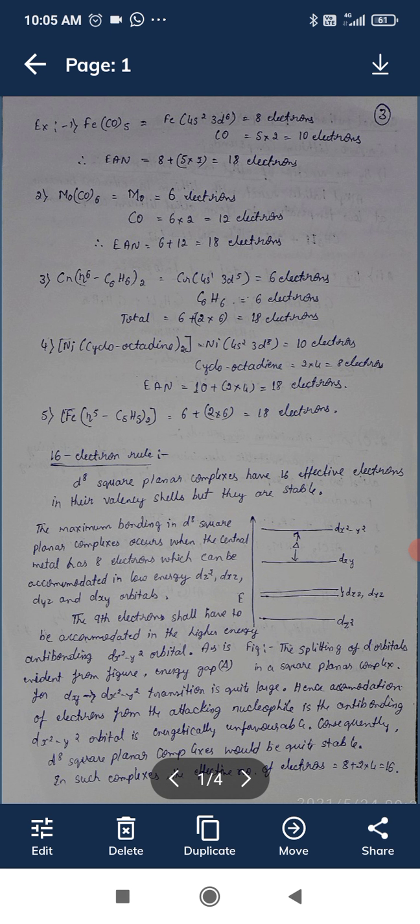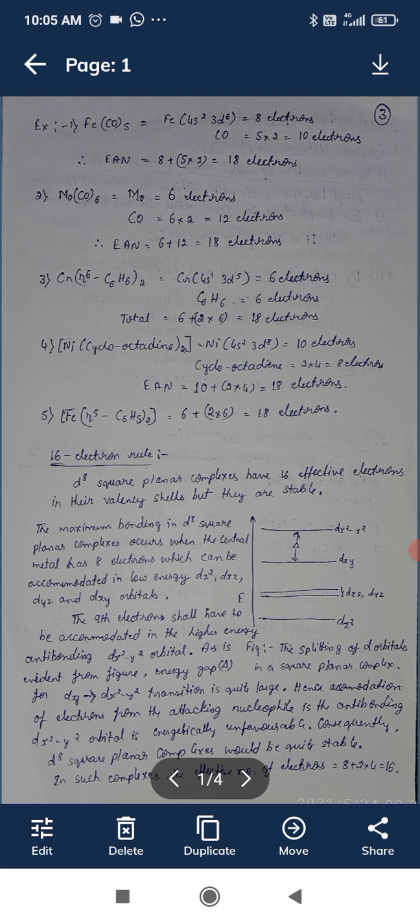So the next example is chromium. It has C6H6 twice. Chromium is having 4s1, 3d5, and then C6H6. These are some other compounds, and we shall see metallocenes next.